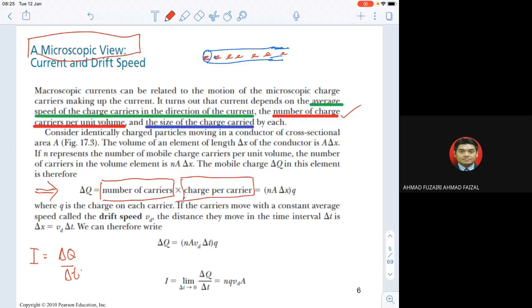So it will give you a certain number. What is the number here? We will have n, we will have A, and we will have delta x, and times q. And q is the charge of each carrier.